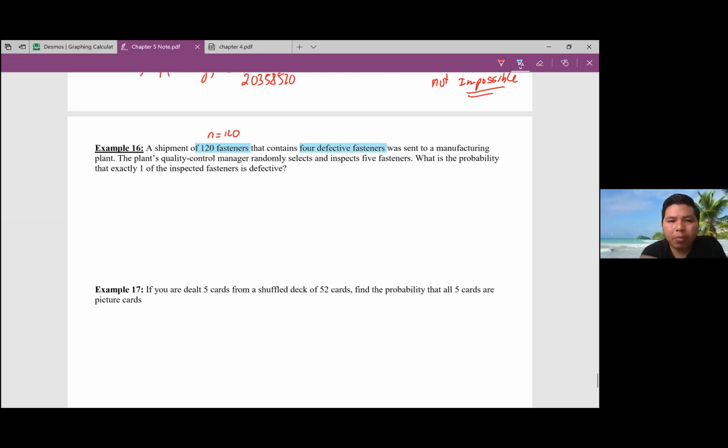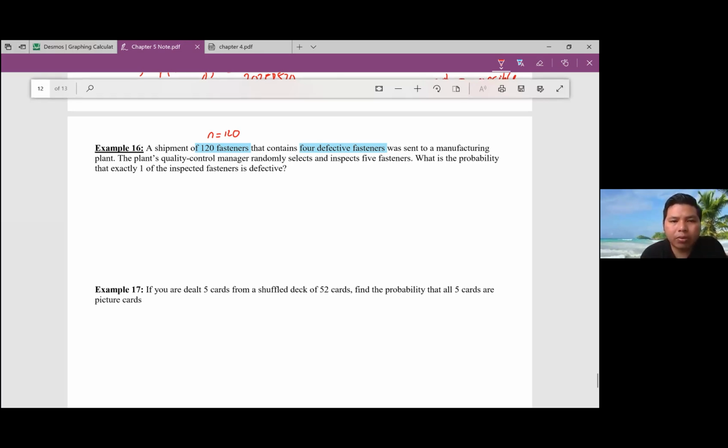So you can imagine here I have 120 items, and in these 120 items, I will have 4 defective. If I have 4 defective in that 120 items, how many are non-defective? 116, right?